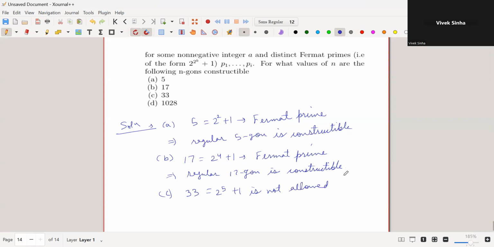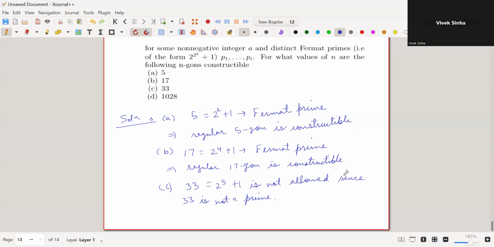This is not allowed, since 33 is not a prime. We have to write it in the prime factorization form, but 33 is 3 times 11. This 3 is 2 plus 1, a Fermat prime, but 11 is 2^3 plus 3, not a Fermat prime, right?